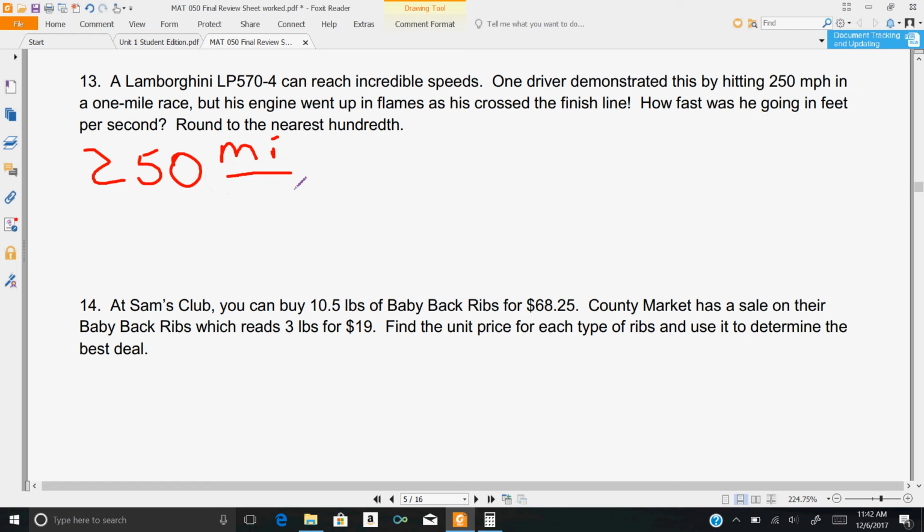MI is miles, M is meters, MIN is minutes, miles per hour. And I'm going to work with the hours first. I have 60 hours, and I know there is 1 hour in 60 minutes.